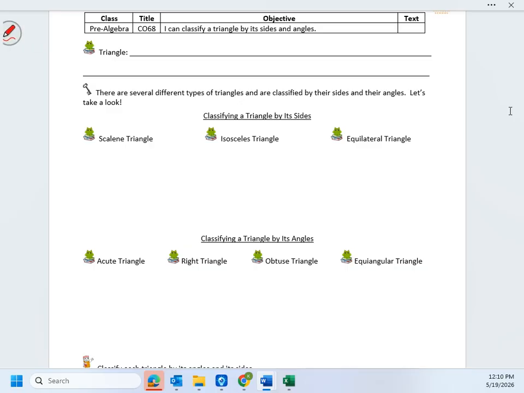So what is a triangle? It is a polygon with 3 sides and angles.